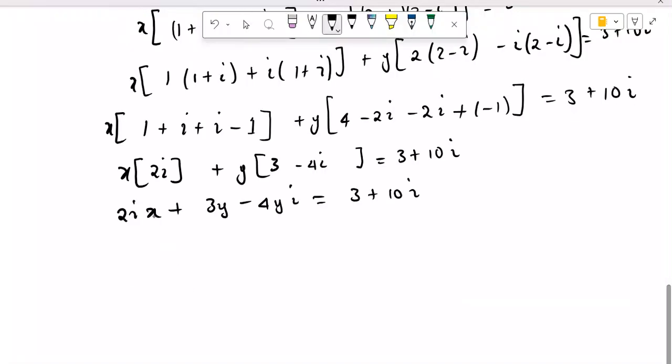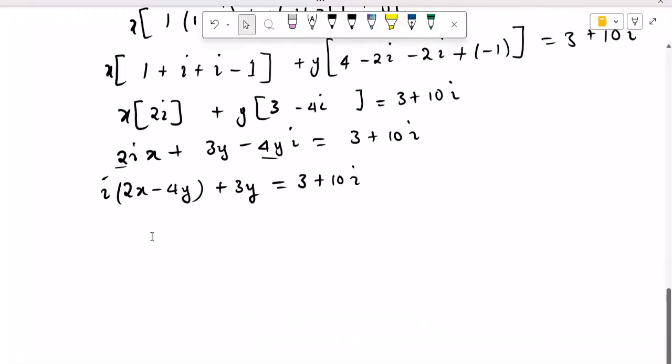So here we group terms. You have 2x minus 4y. These, they have i common, this term and this term. So this is positive, this is negative, so you have 2x minus 4y. And then plus 3y. 3y is just alone. Equal to 3 plus 10i.